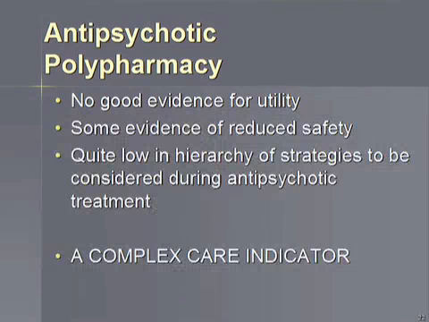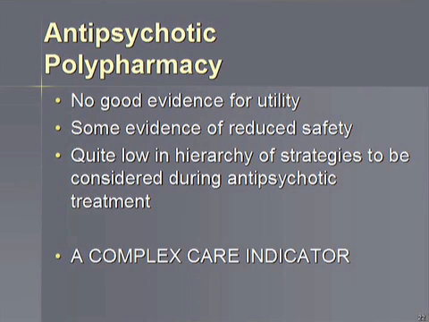So in summary, why is two or more antipsychotics a complex care indicator? Well, because the evidence for utility is fairly slim. If one looks at the rationale, there are alternatives. There is some evidence of reduced safety.